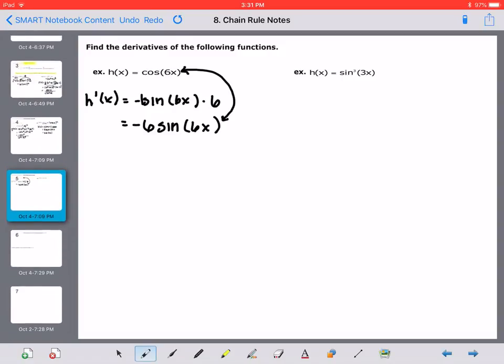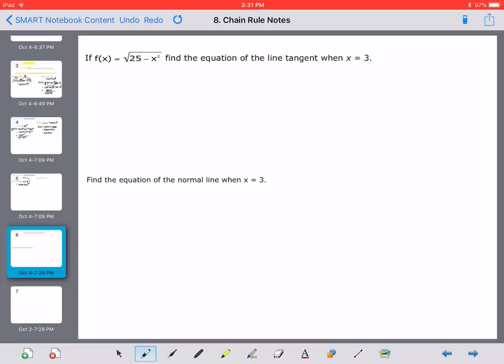And let's see what our last examples are. Okay, so it says if f of x equals the square root of 25 minus x squared, find the equation of the line tangent when x is equal to 3. So this goes back to our 4-step process of finding the equation of the tangent line. First step is figuring out my y value. So we're going to take the x value and plug it in.